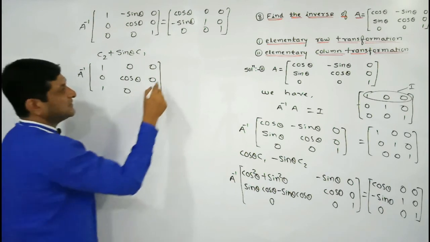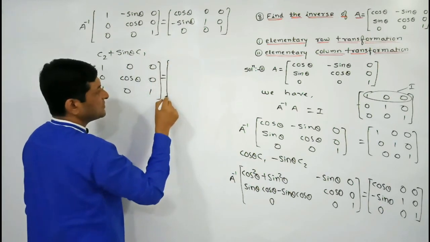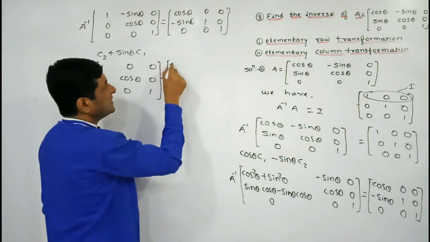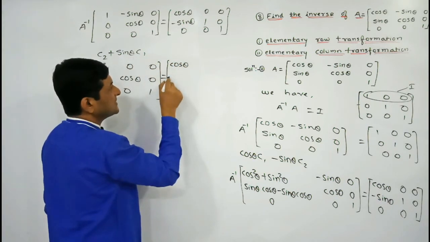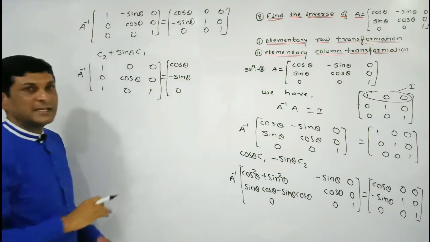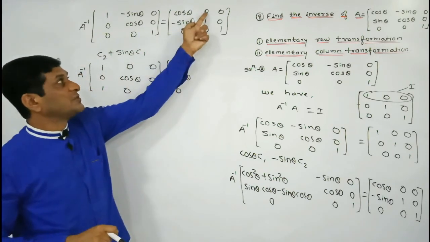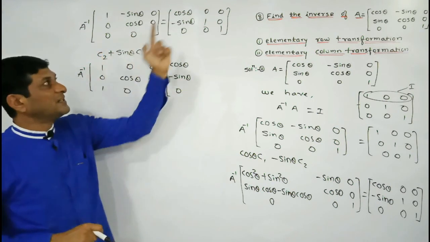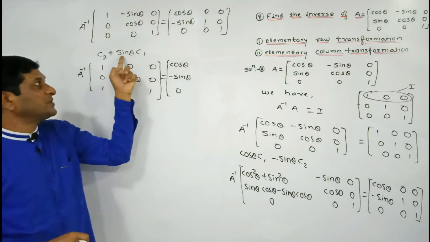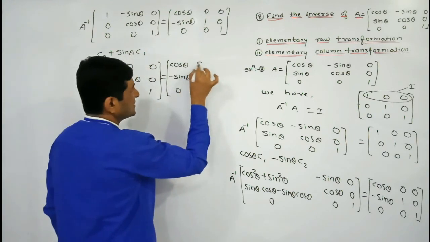On this side also perform this operation very carefully. The operation is on C2, so keep the element of C1 as it is: cos theta, minus sin theta, and 0. Now C2 means 0 and C1 means cos, so this term becomes 0 and cos into sin becomes sin theta cos theta.